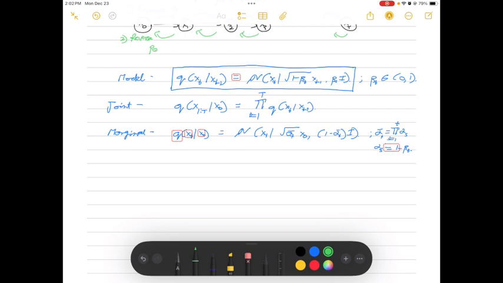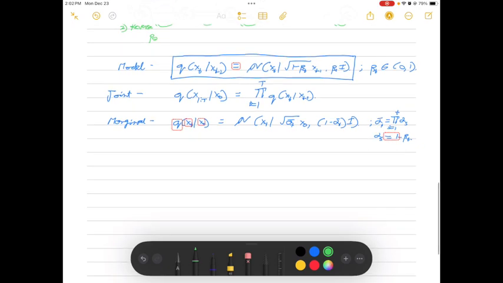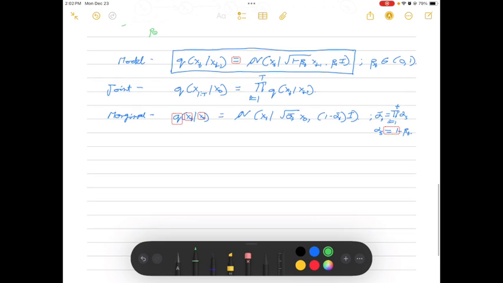And in this case, we know the input is x naught, so we can derive the reverse process using one forward step. Let's say that we have xt minus 1 given xt and x naught.